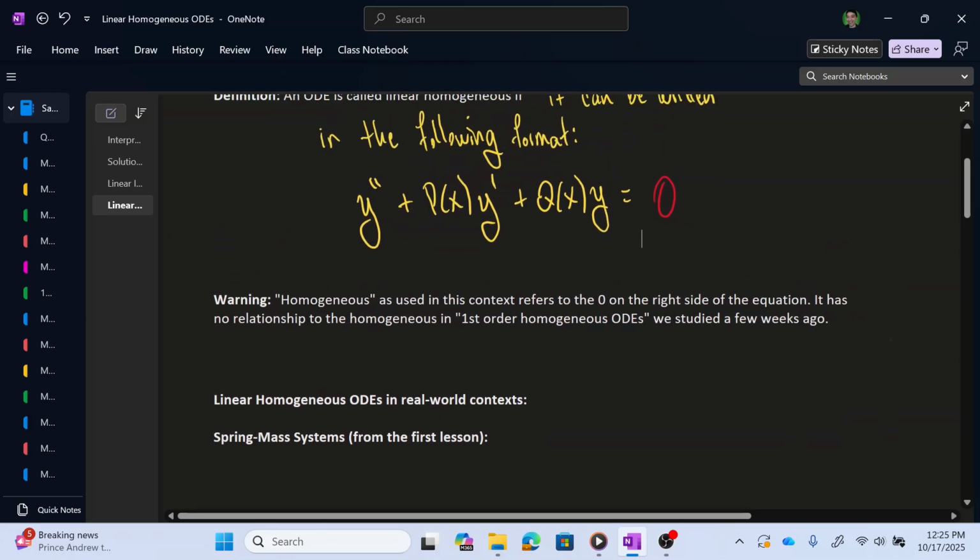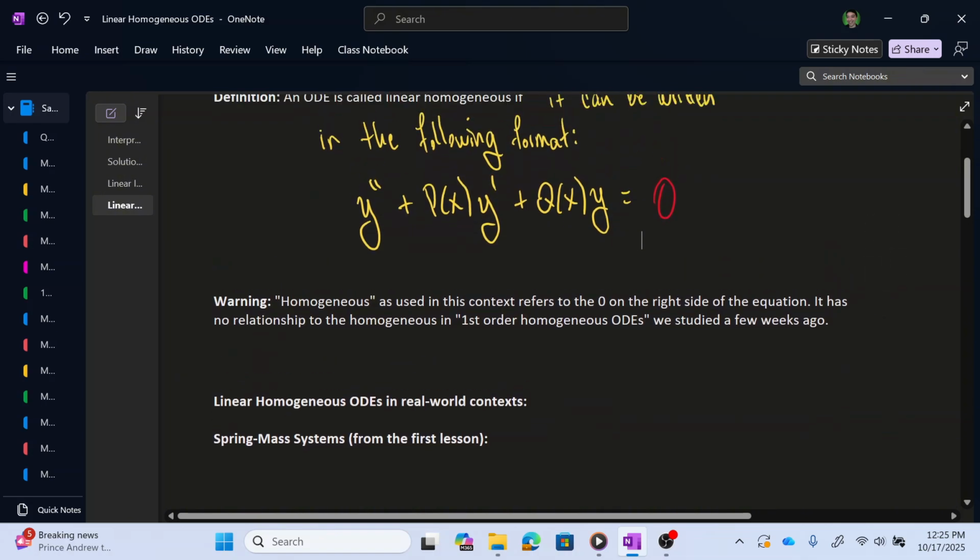I want to talk briefly about how linear homogeneous differential equations arise naturally from many real-world situations.